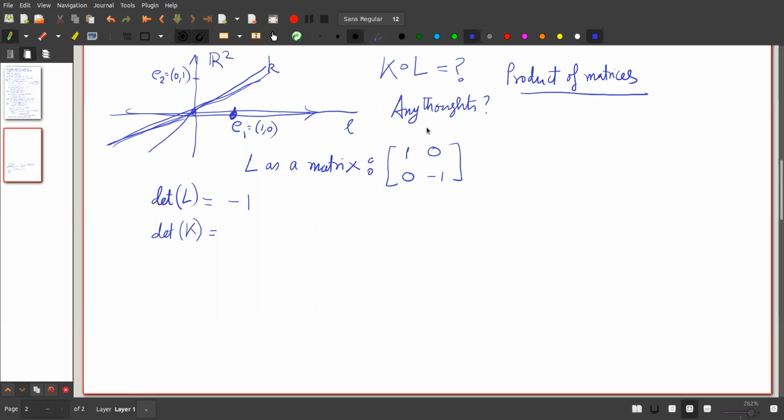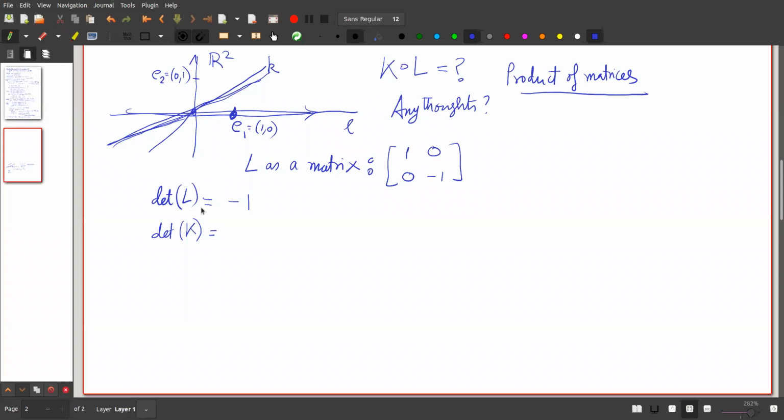So in order to take a product of matrices, I must express K in the same basis in which I have expressed L. Since I've expressed L in the standard basis, I want to express K also in terms of the standard basis.